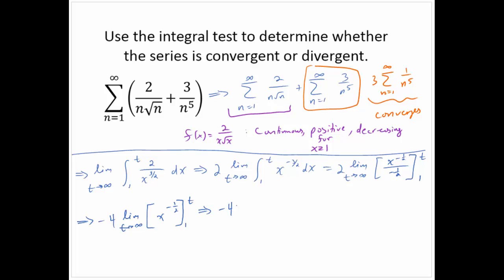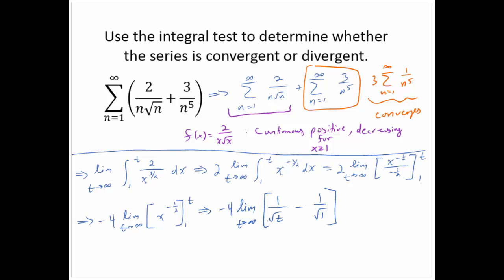So that's negative 4 limit t approaching infinity, x to the negative 1/2, that would be 1 over the square root of t minus 1 over the square root of 1.